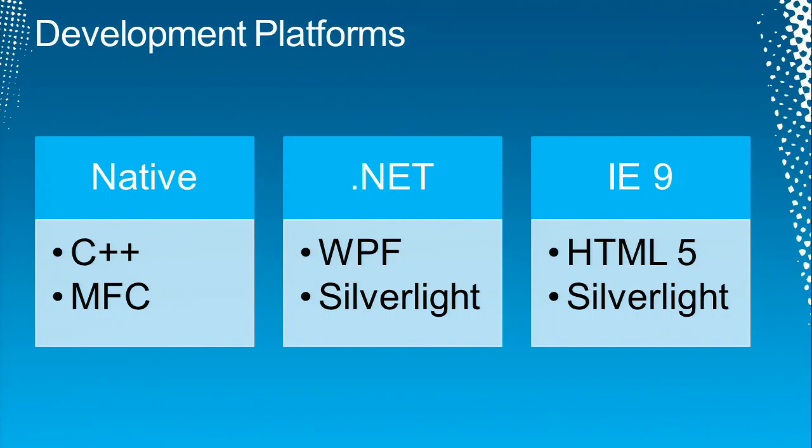Native code gives you basically the full control. You can do the most with native code because you have direct access to the APIs. .NET is a great choice. WPF tends to give you more control than Silverlight does.